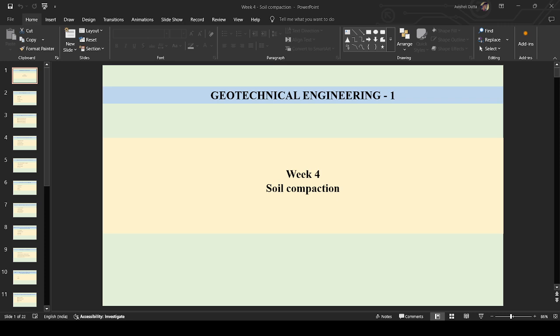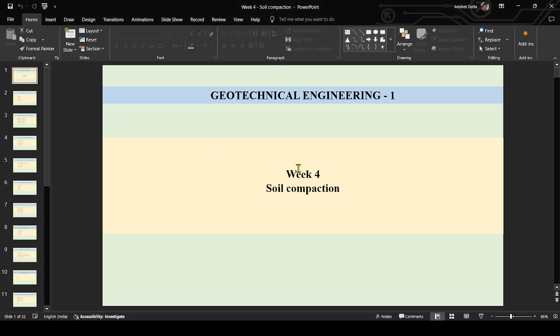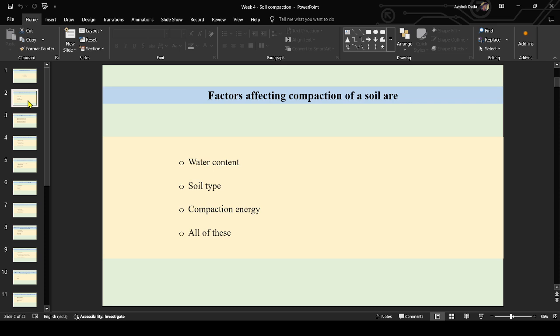So I'll start dictating the questions. The topic is soil compaction, and this is the fourth problem solving session of Geotechnical Engineering 1 course. So the first question is: factors affecting compaction of a soil are.